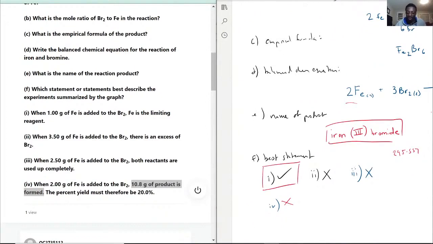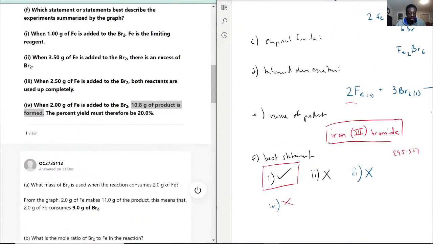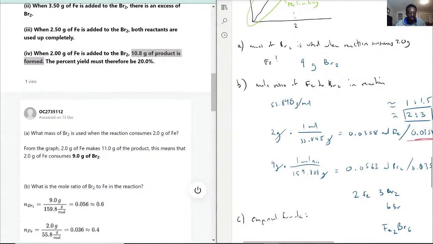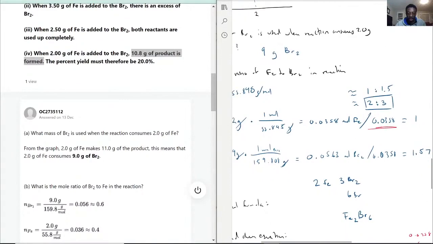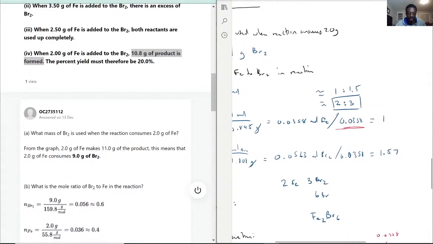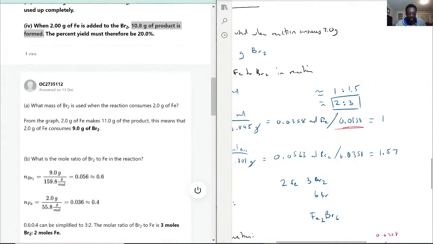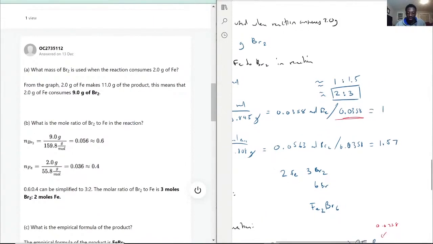And with that, let's see how we did for this. Yes, so 2 grams of iron and the 11 gram product make 9 grams of Br2. So now we have 9 grams divided by 159.808, and we get 0.56. They rounded to 0.6 there and 0.4 here, but we still get 3 moles of Br2 and 2 moles of Fe.